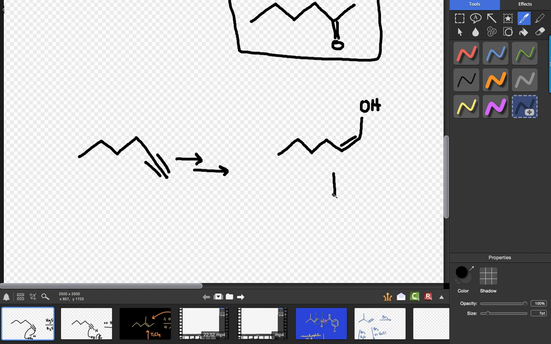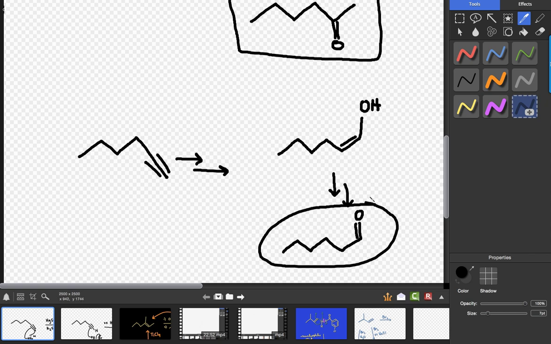And after it tautomerizes in a similar fashion to what we just saw with the ketone generation, you're going to get an aldehyde. So if I have a terminal alkyne and I hydrate with mercury catalyzed conditions, I'll get a ketone. With hydroboration, however, I will get an aldehyde.